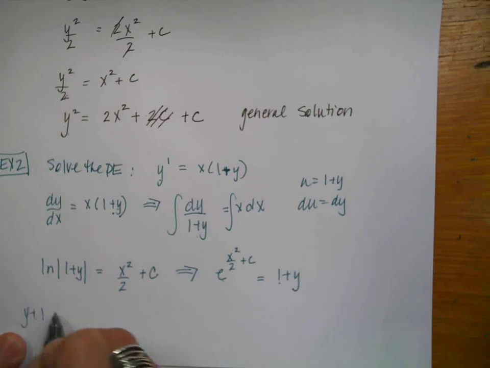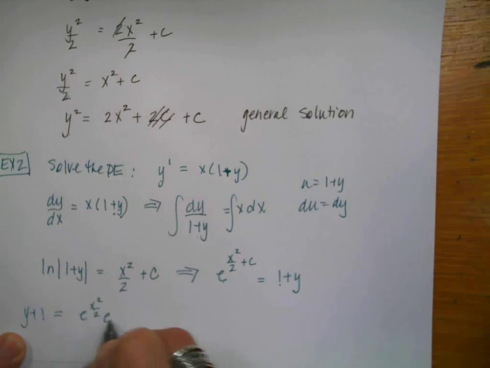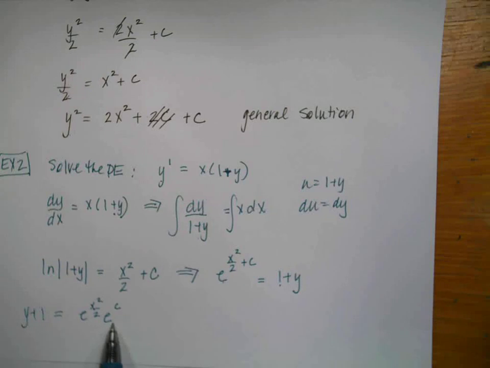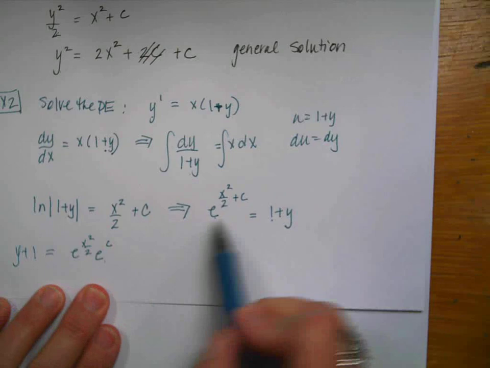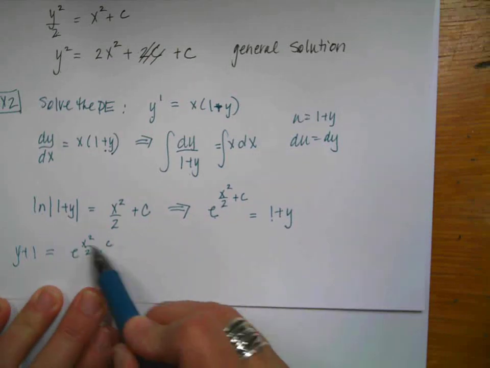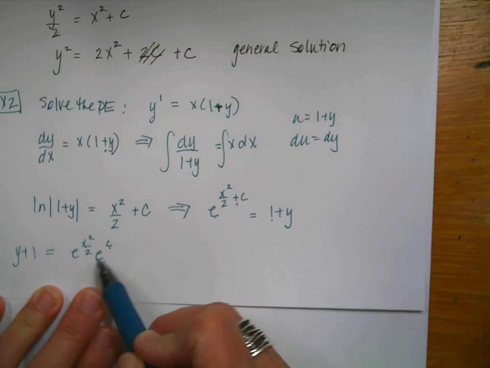So I'm going to write y plus 1 is equal to e to the x squared over 2 times e to the c. The properties of exponents show that if the bases are the same, I add the exponents, which is what happens here.